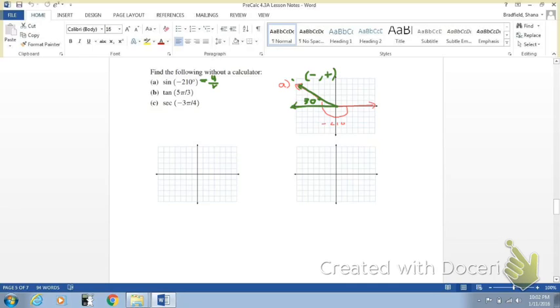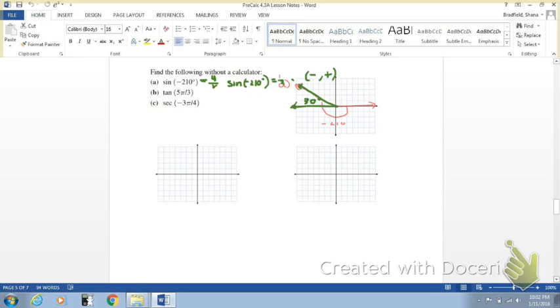But we see that in the second quadrant, y is positive. So if I know what the sine of 30 is, that's going to be the same as what the sine of negative 210 degrees is, because the sine isn't going to change. It's still just going to be y over r. The sine of 30 degrees is 1/2. So the sine of negative 210 degrees is also 1/2.